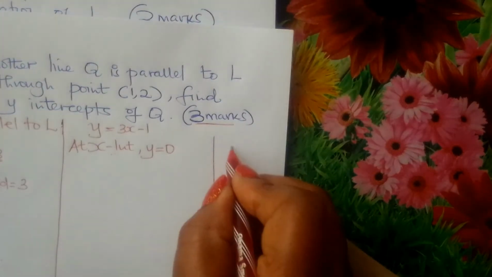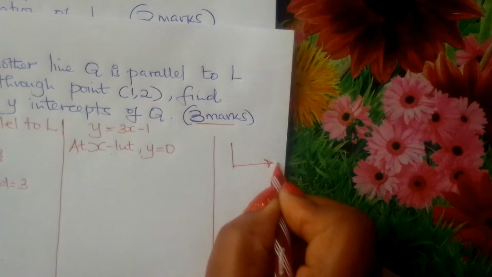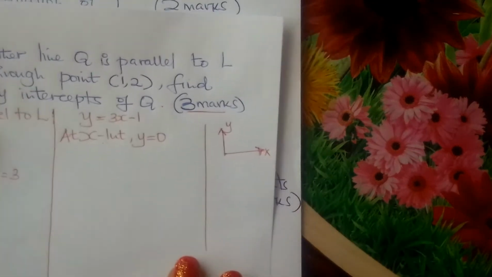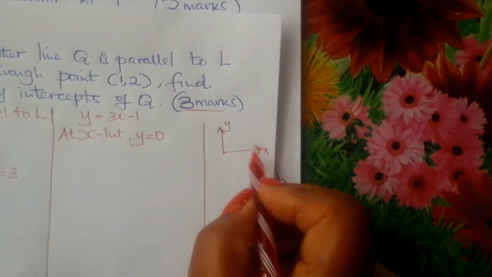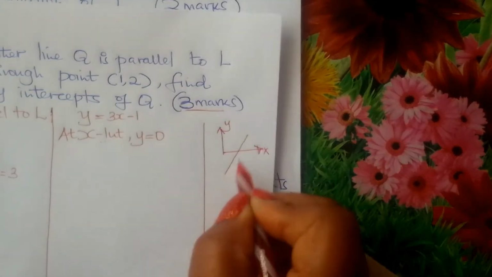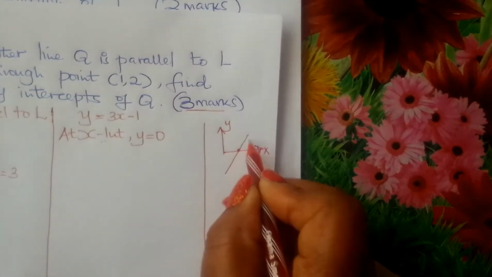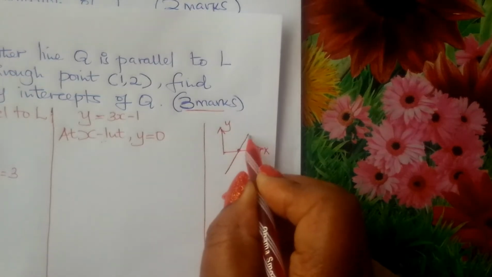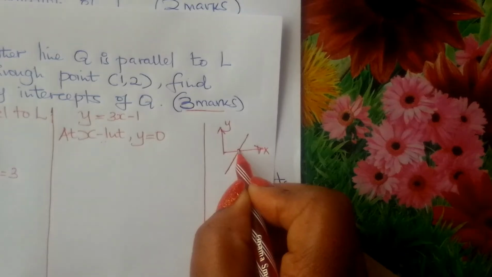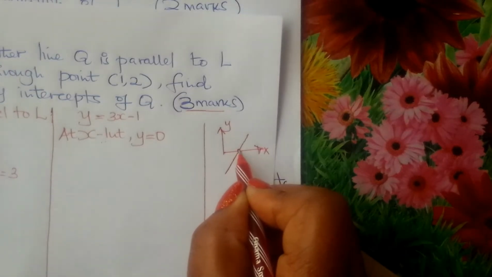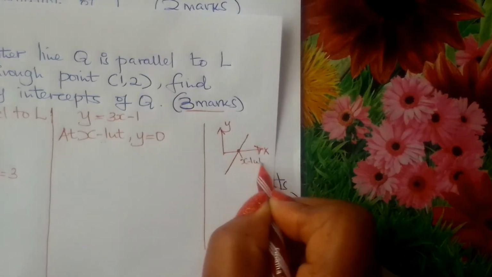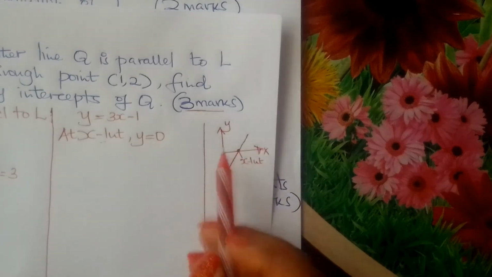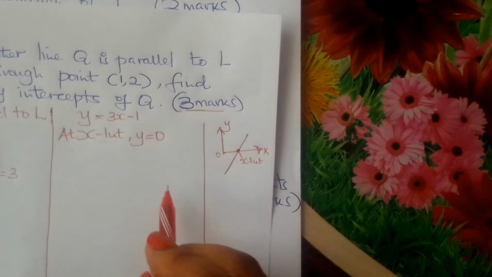Just to guide you here, if you have a graph like that to do with x and y axis, x-intercept refers to the value of x where a line cuts the x-axis. So this is the x-intercept. And therefore, learner, at x-intercept, what is the value of y? The value of y is 0.